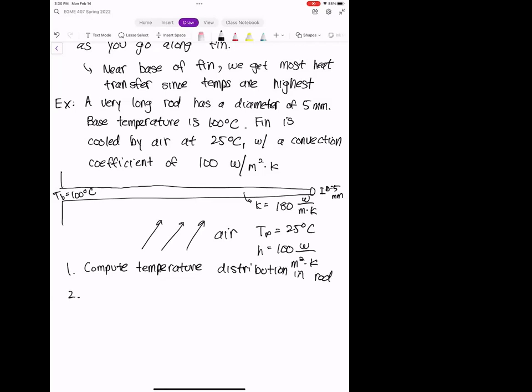2 is going to be a test of our assumption. Even though the problem tells us that we have a very long rod, for part 2 of this problem, I want to compute how long this rod has to be in order to be considered very, very long.